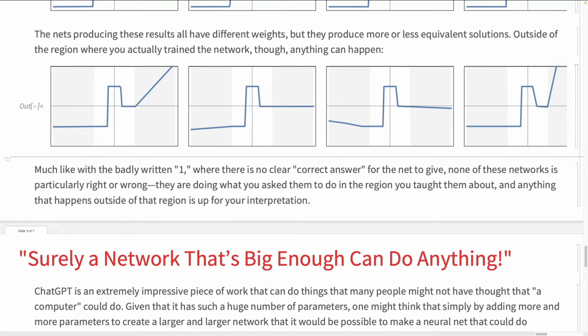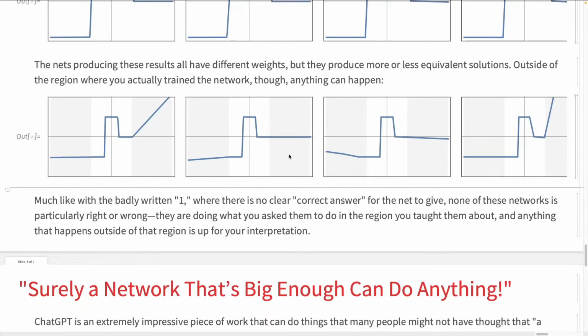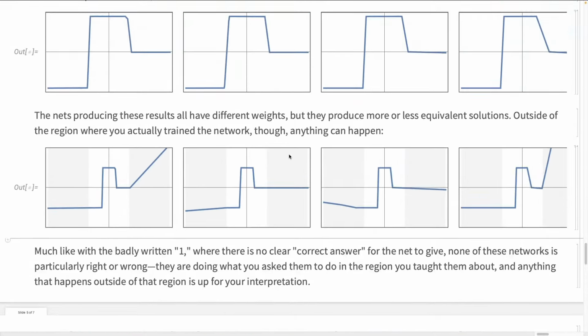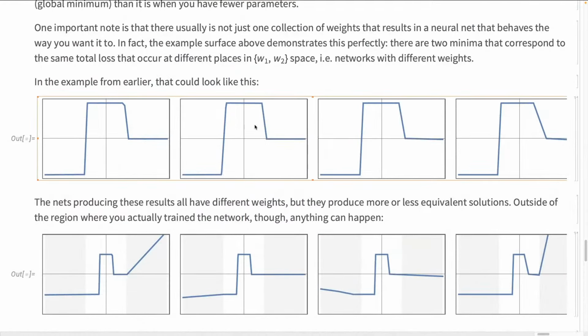So let me just indicate these things point by point really quickly. You don't have to specify the important features for a network to learn. For example, when the network above was trained to learn this shape, we never said, hey, by the way, network, remember, it's really important that it's a step function, okay? And remember that it only has like 2 full steps, and then that results in 3 plateaus.